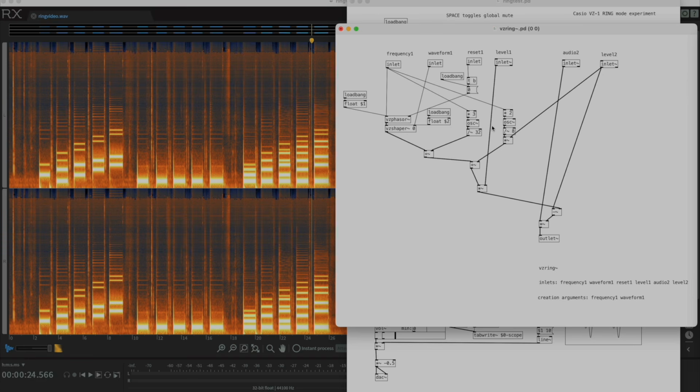So somehow, and again, I worked this out by looking at where these bands are, where these sidebands are, and working back from how they might appear. It appears that the Casio VZ-1 mixes in second harmonic and third harmonic on the first oscillator when you do ring mod, which in itself is surprising and not anywhere in the manual.